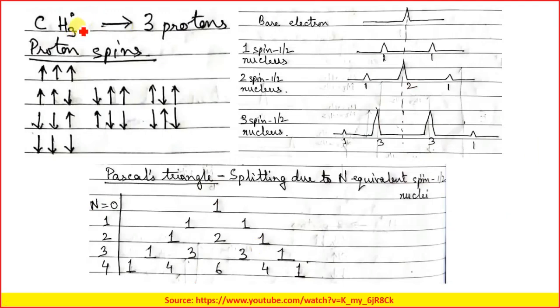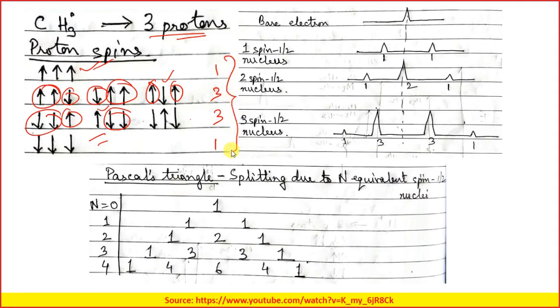Now for the CH3 radical, we are having 3 protons. In this case, if you see, high, low, and then we are having 2 high, 1 low, 2 high, 1 low, 2 high, and 1 low. Similarly, 2 low, 1 high, 2 low, 1 high, and so on. So splitting will happen as 1:3:3:1.